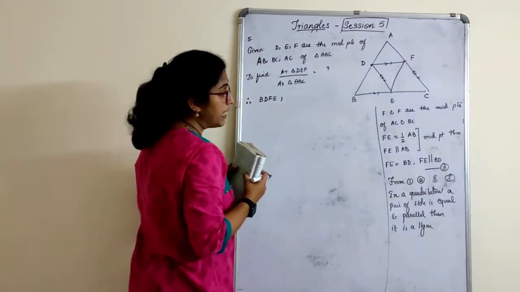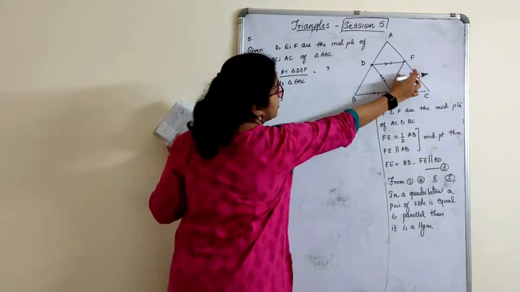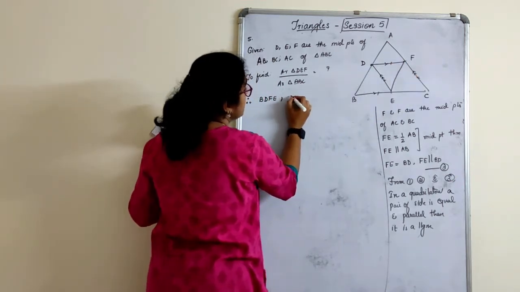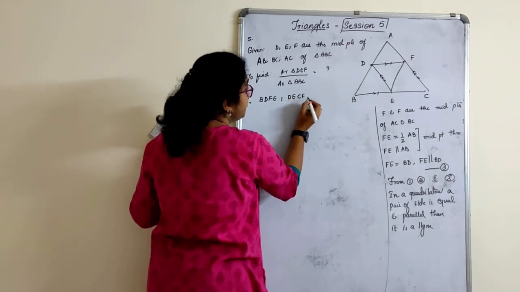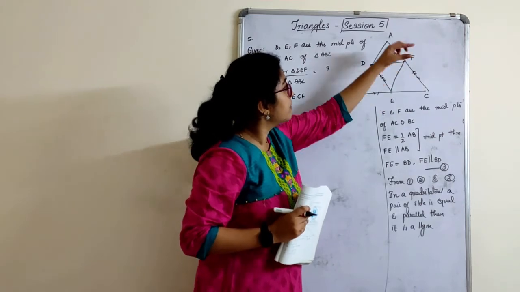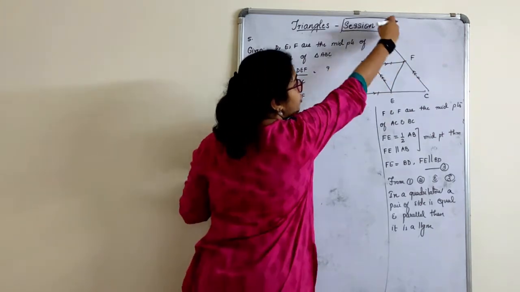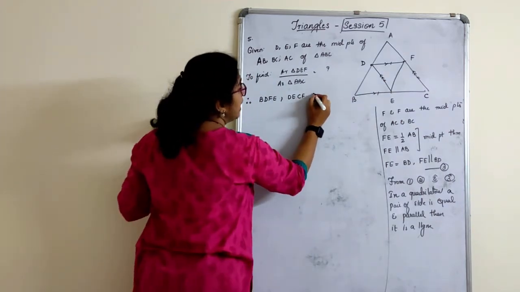ADEF is also a parallelogram. Another side if you take, parallel and equal there, or this side you can consider, that is DECF is a parallelogram. See, this is a parallelogram, this is a parallelogram. This one also will be a parallelogram, right? The same one if you choose this side also.